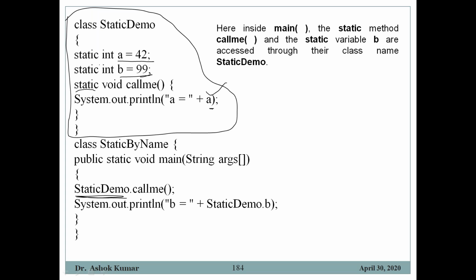Then, because we haven't mentioned the access specifier of b, its access is default, and in case of default access, the variable can be accessed directly within the same package. So we can directly access b using the class name. That is what we are doing in the next line. We have used static demo, the name of the class, dot b, the static variable name, and we are printing it directly.